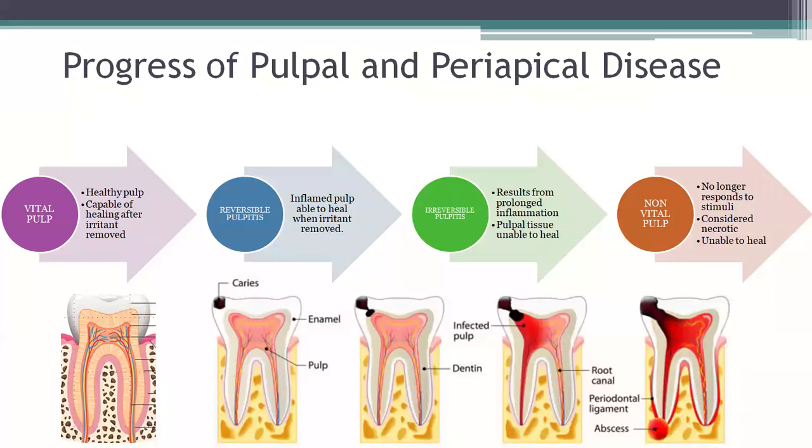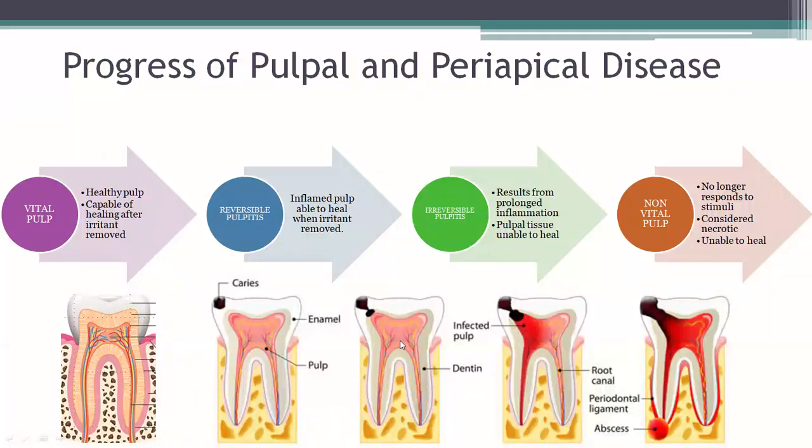But what happens if we don't take care of this decay? We are still in enamel. We don't have time to go to the dentist. We let the decay progress, and it moves down. Eventually it reaches dentin, and it gets closer to the pulp.